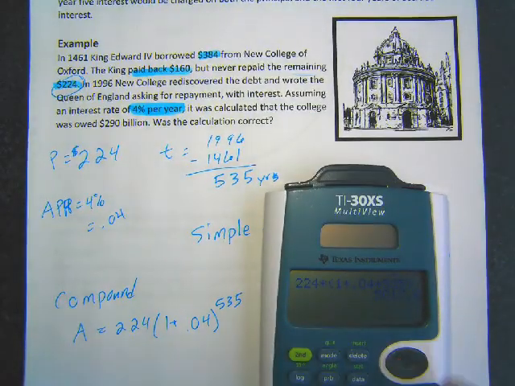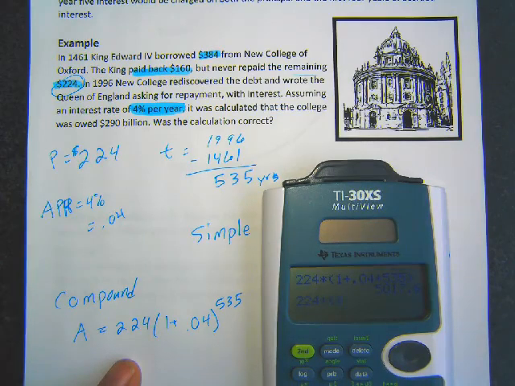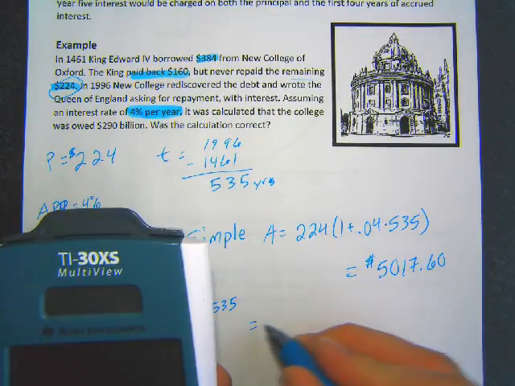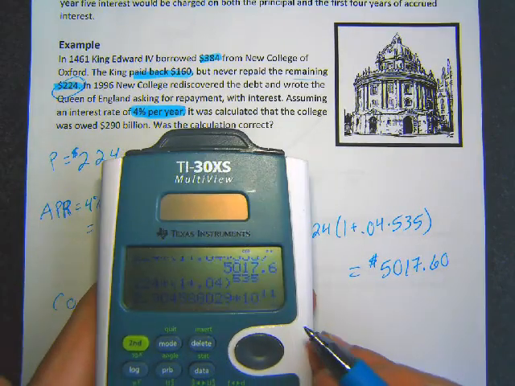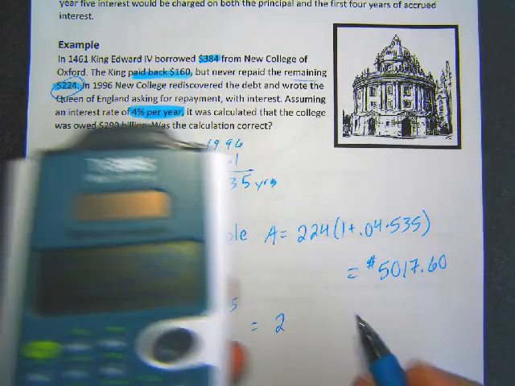So let's go ahead and type in 224 times parentheses 1 plus 0.04. Close that off, do power 535, and we get a pretty big number. It looks like 2.9, but it's actually got this times 10 to the 11th here, and that times 10 to the 11th means that we actually have to move this decimal over 11 spots.